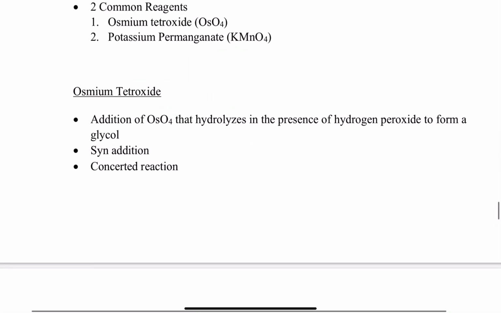So osmium tetroxide, it's very expensive. It is toxic and very volatile, but it gives really good yields.